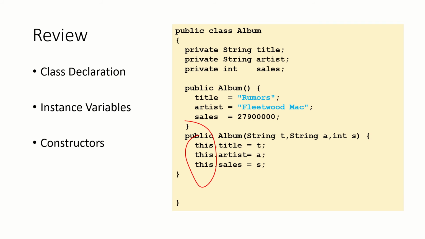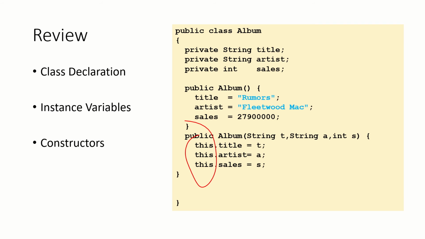If I leave the parentheses empty, that means this is the default constructor. We assign the title as Rumors, the object Fleetwood Mac, and give this cell. So AL is one of the object's reference names, right?